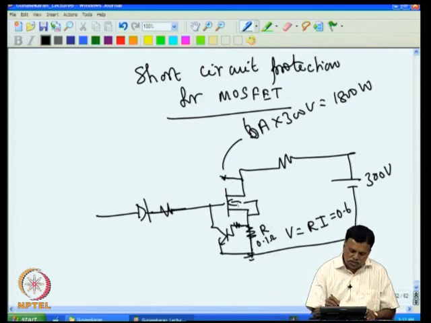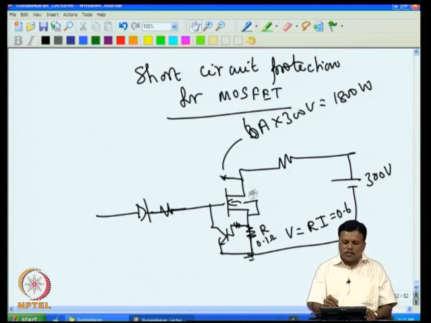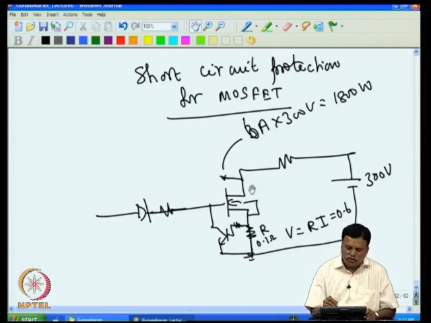Once current is limited, this voltage must be sensed, because normally when the MOSFET is on and the heater is not short circuited, the voltage across the MOSFET is very small, maximum 2 volt or 1.5 volt, or at the maximum 3 volt, not more than that.